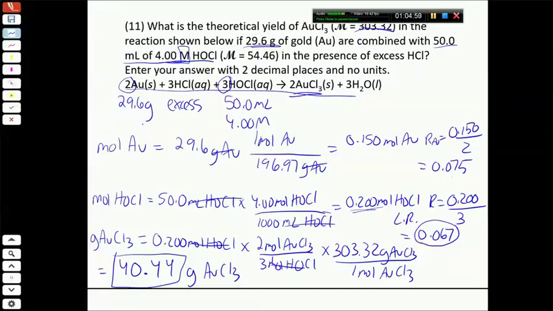So there is more than one way to do this. I like to quickly identify the limiting reactant because, especially for more complicated problems that may ask you to find something else or do a percent yield, it's just nice and comforting to know what the limiting reactant is and get on your way. But if you want to just do the problem twice, you can also do it that way and just pick the smaller of the two numbers when you're determining how much of the product forms in these types of reactions.